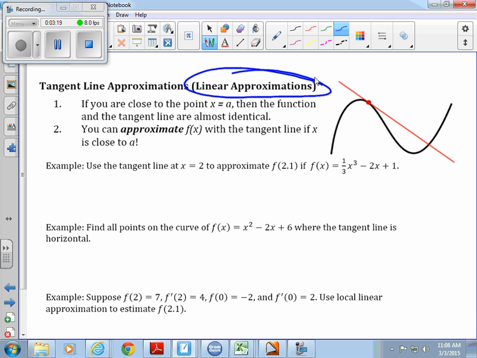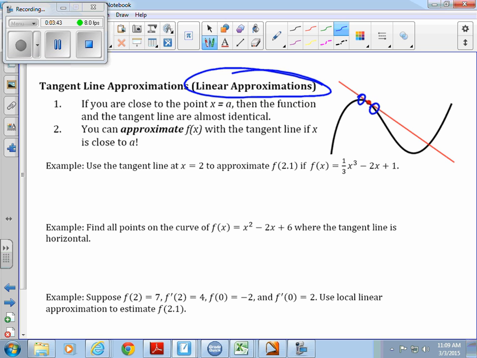So in the long-term future, later in your life, a tangent line can be used to approximate the value of a function if you're close to where the tangent line was. So for example, if I'm looking at this tangent line here, I can use the tangent line to approximate values close to that point, because it's going to be close to the curve.